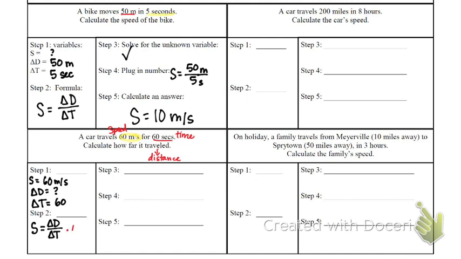Multiply by delta T on both sides. We want distance by itself, so delta D equals delta T times S. If you have S times delta T, that's fine. They mean the same thing when they're multiplying. All right, so plug in your numbers.